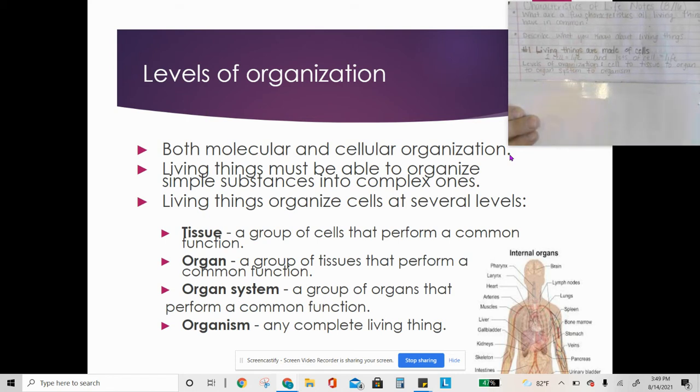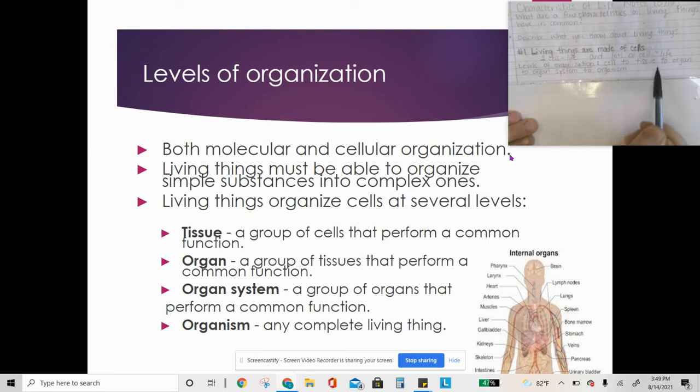So the levels of organization here show us that your bodies are very complex and they have to have certain things to do certain things. So you have to have nerve cells in order to make brain tissue, and your brain tissue has to form together in a certain way to make your brain. Your brain, along with your spine and other nerves, are going to be an organ system.